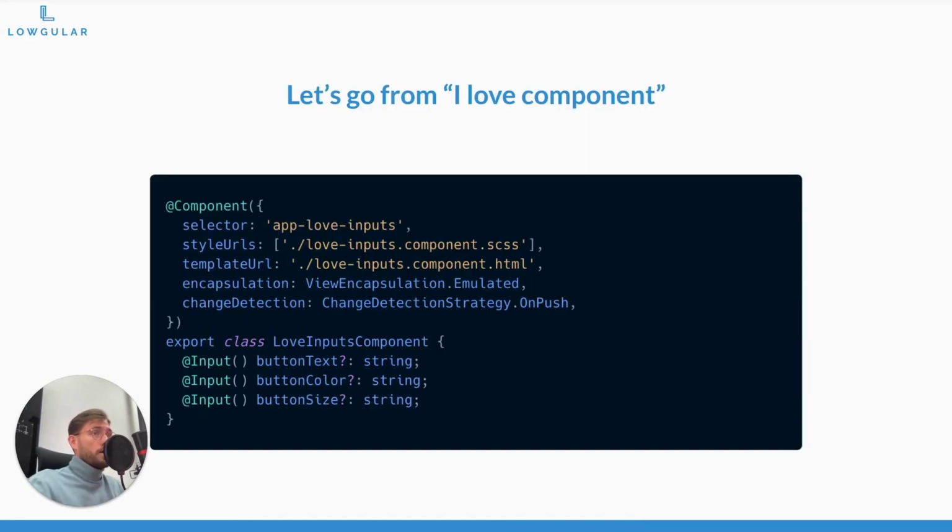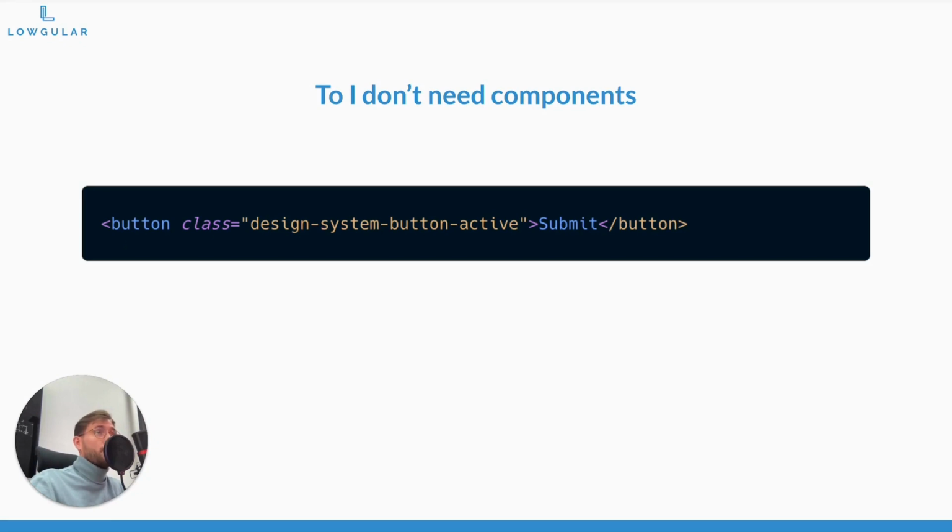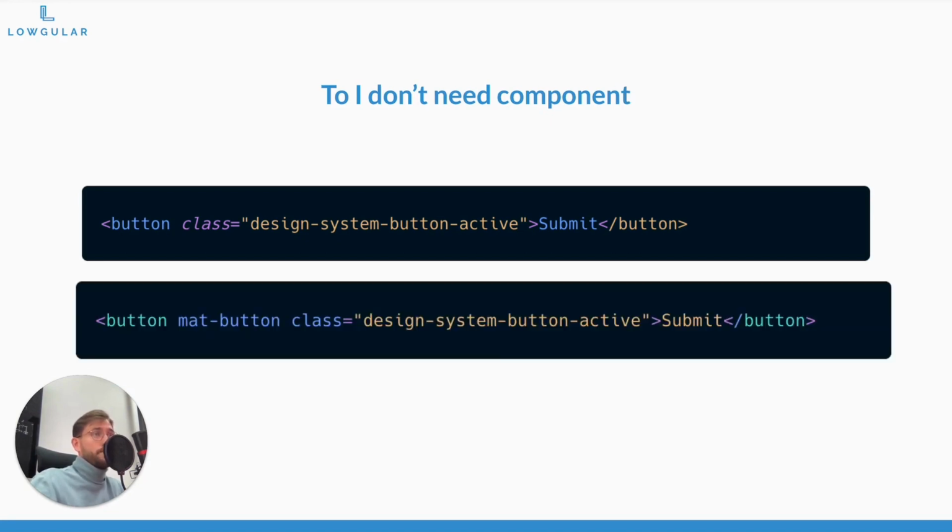Thanks to that, we can easily move from the I-love-components state to I-don't-need-components. Maybe. Because if we need to have the same look of the component in many places, we can just create global styles, use utility classes.